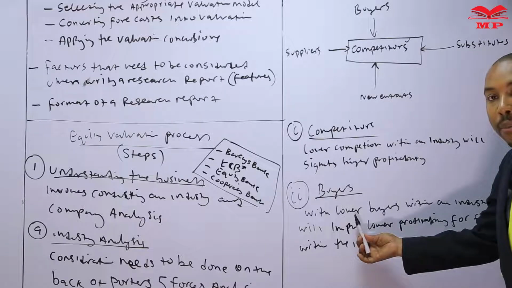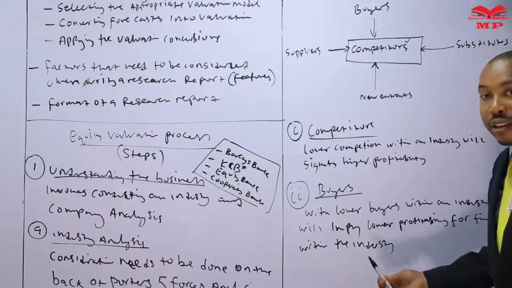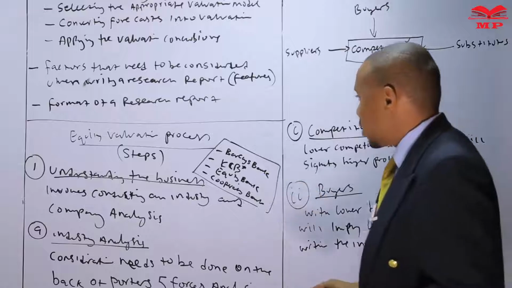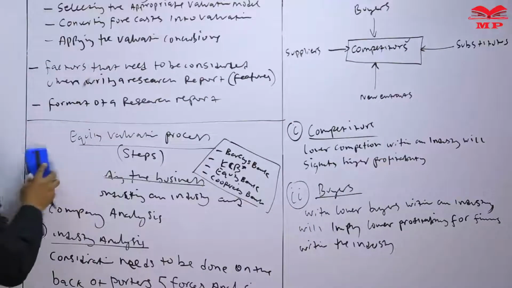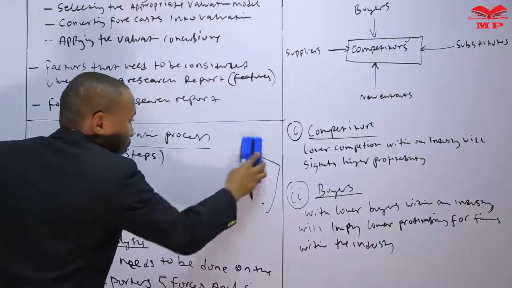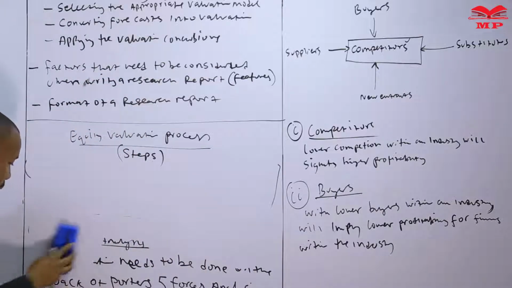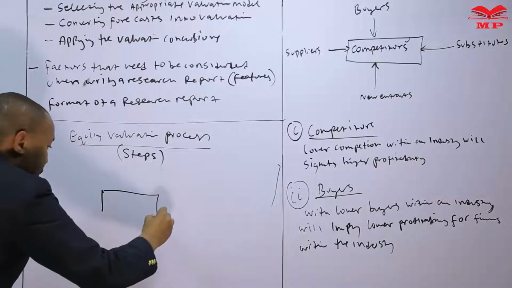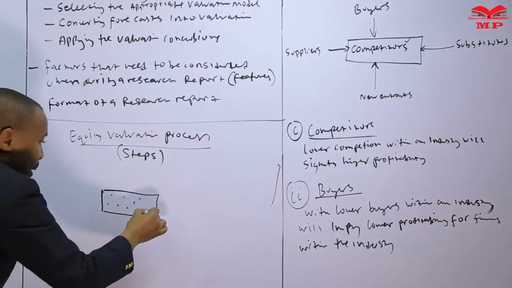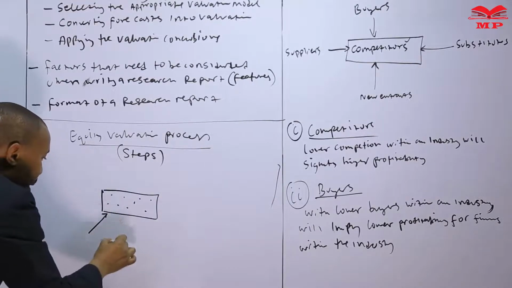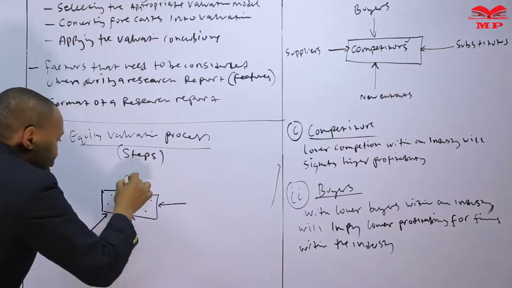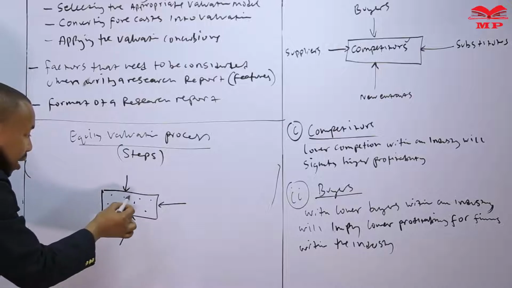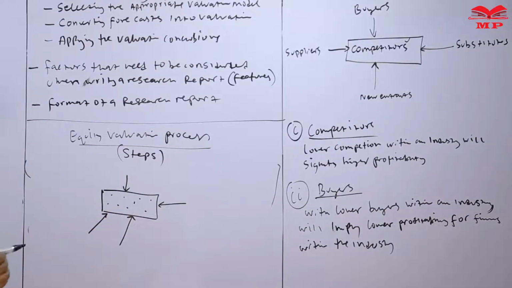Fewer customers come and buy the products that you've actually availed. So if you have lower buyers, now we are looking at it from the potential. We are still looking at this example here, if we can use a diagram here. Yes, these are the market players, but with fewer buyers of the products and services, it will mean that the profit potential for these companies existing within the industry will be reduced.